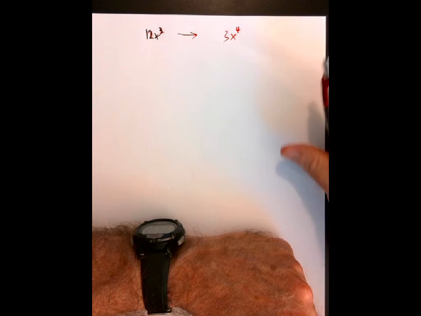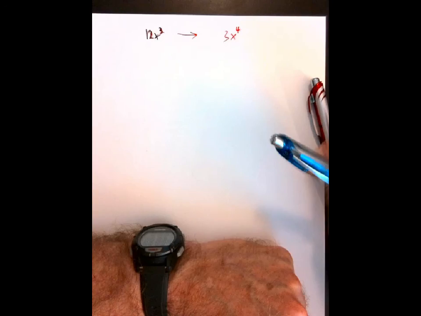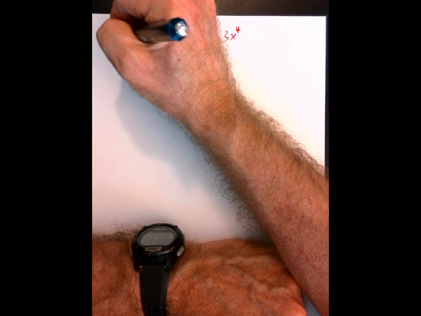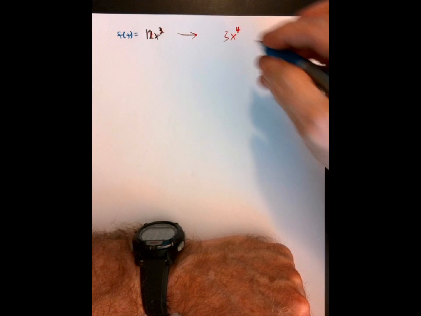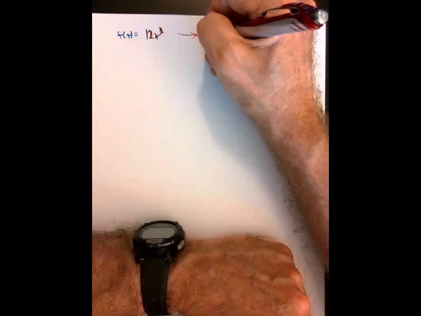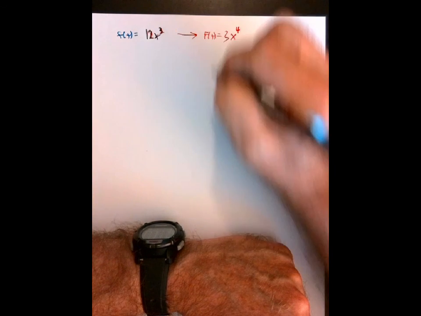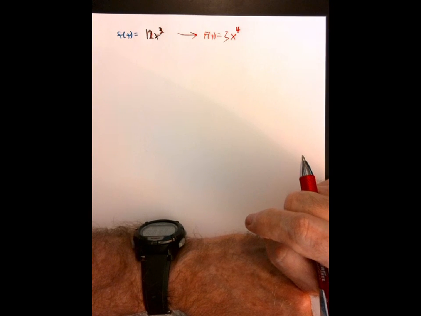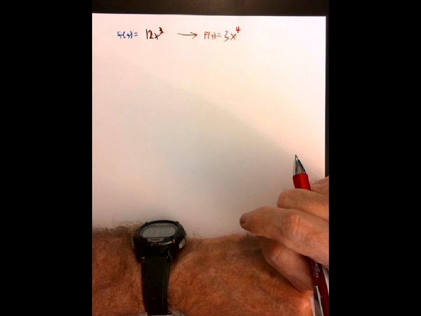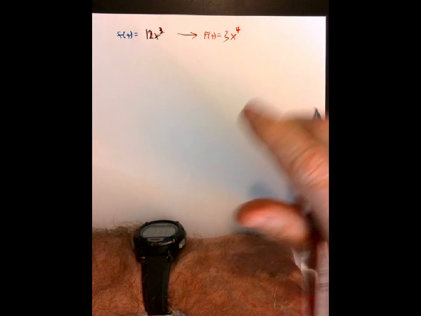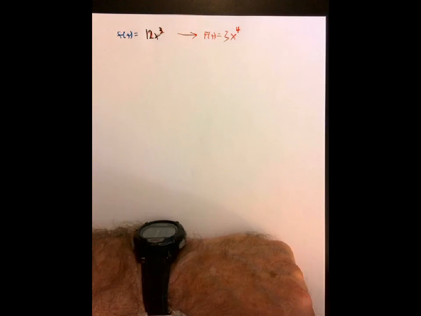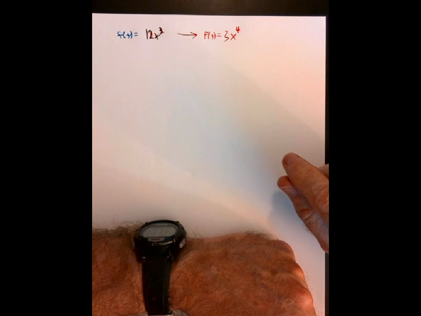So if this function is little f of x, the derivative, then this function here is big F of x, the antiderivative. Okay? And in fact, there's a formula, just like there is for the power rule. It turns out that in the world of integrals, unlike derivatives, there's not a lot of formulas.